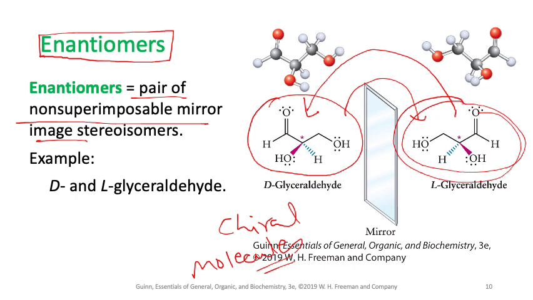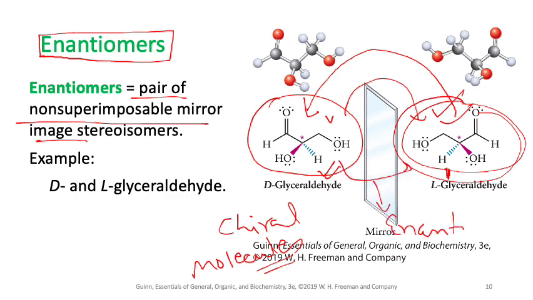They are mirror images of each other. I can say this structure is a mirror image of this one, or vice versa. So we can say both of them are mirror images of each other, and these are enantiomers.